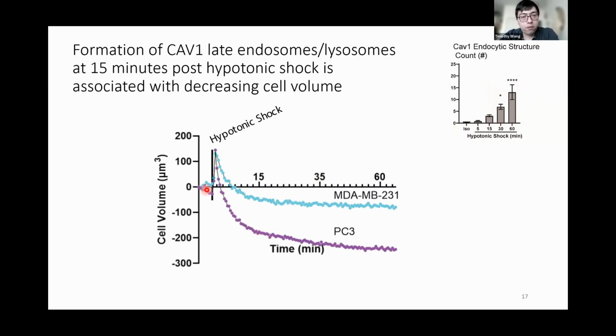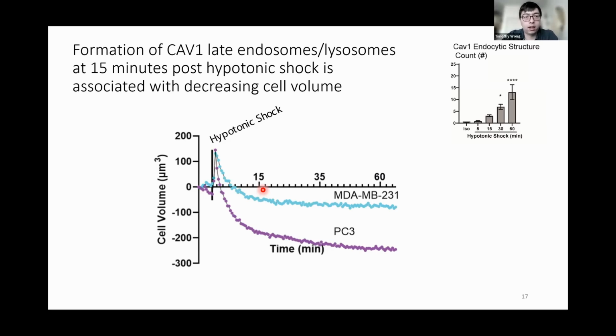When we did that and performed the hypotonic shock, what we saw in both our MDA231 cells, as well as those PC3 cells that don't have CAVIN1, was that cell volume initially increased quickly upon hypotonic shock, but just as quickly, over time, the cells acclimatized to the hypotonic shock and actually decreased in cell volume, even further than their initial baseline.